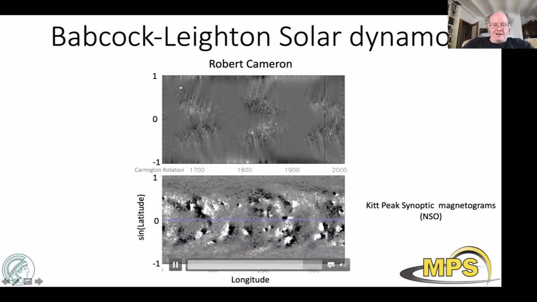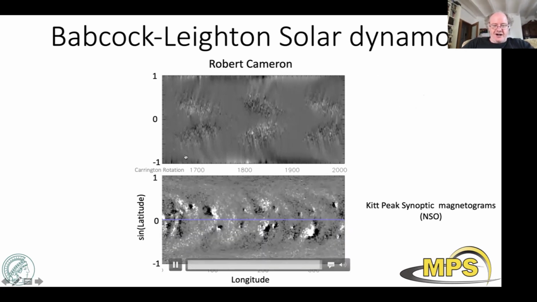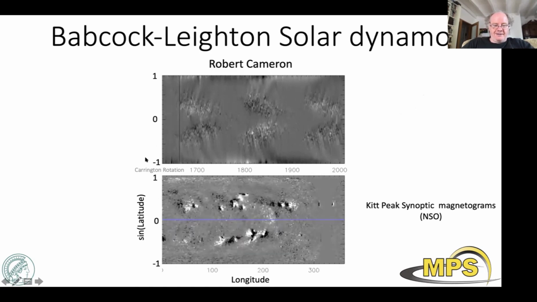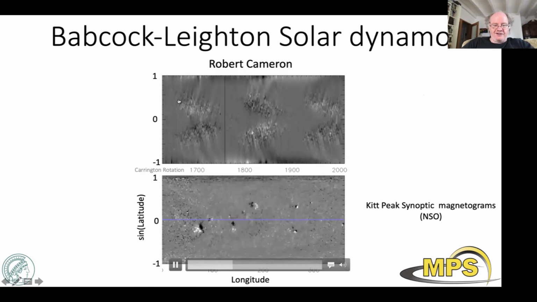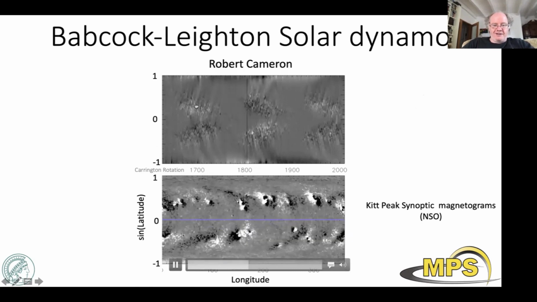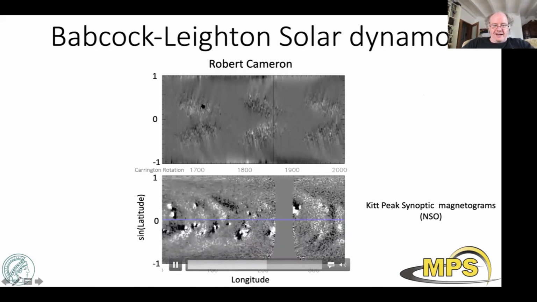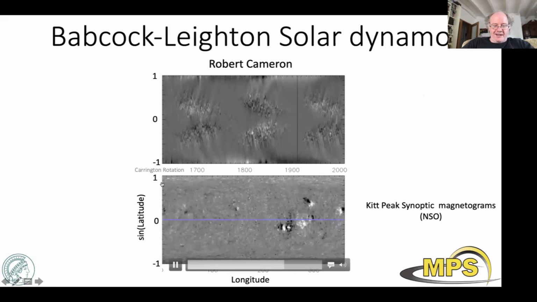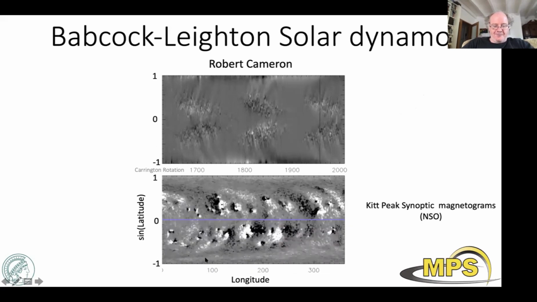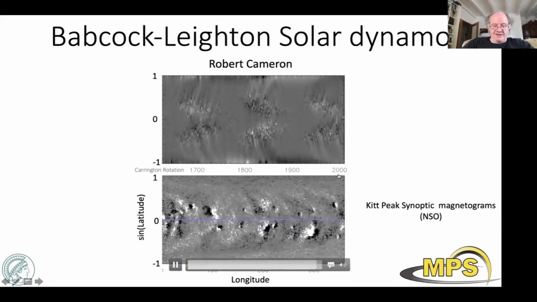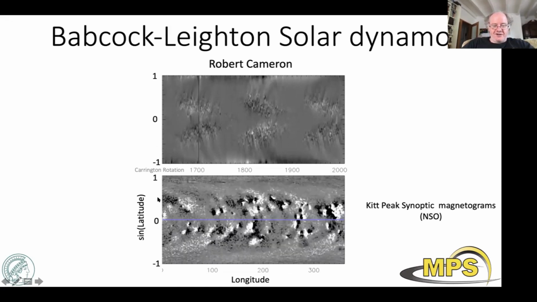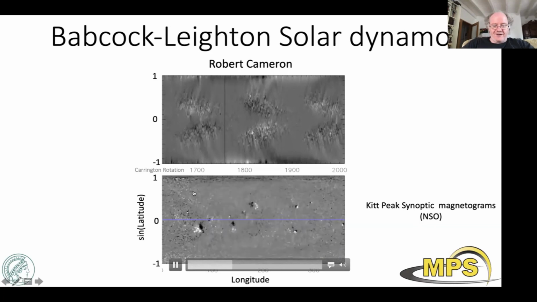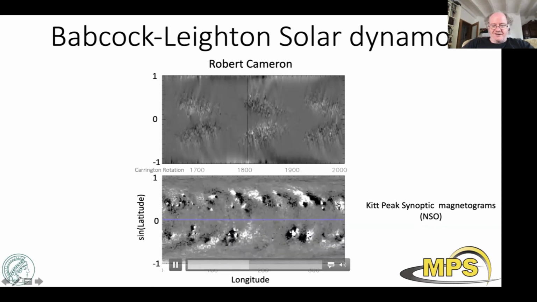The top panel is time and sine of the latitude, and this is the azimuthally averaged radial field at the solar surface. The azimuthal average is made from the bottom images, which are maps of the solar magnetic field over the surface of the sun.